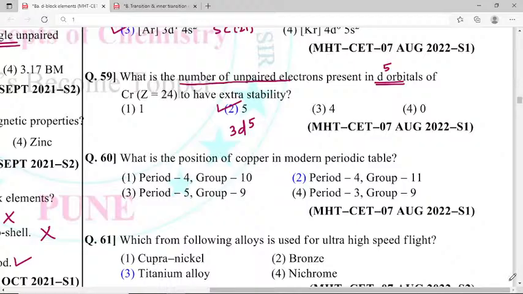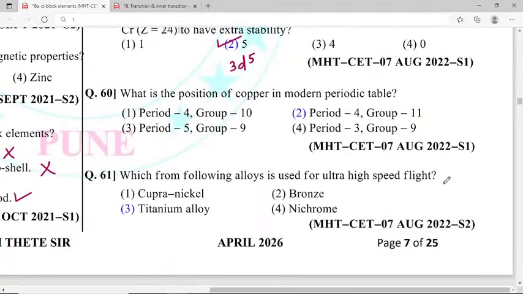What is the position of copper in modern periodic table? Copper has atomic number 29, 3d10 4s1.